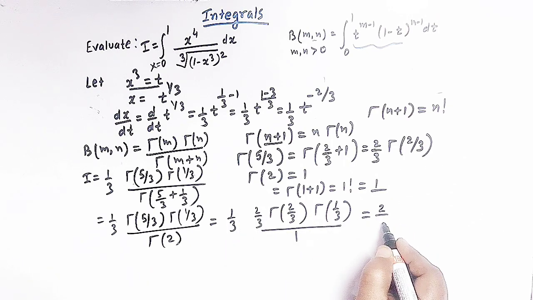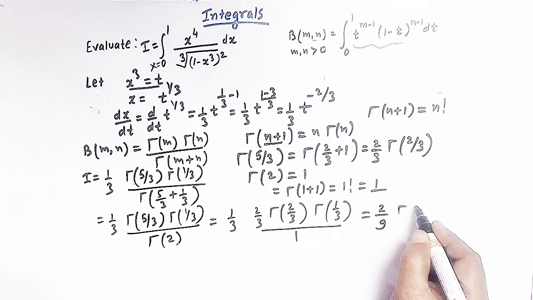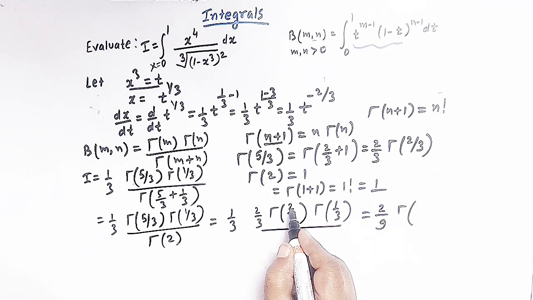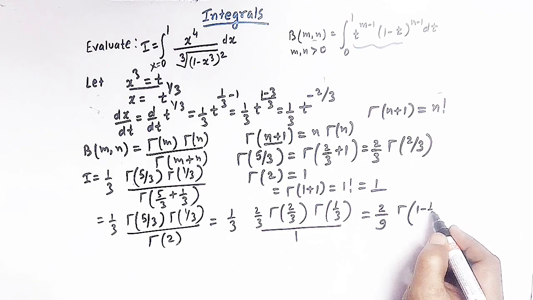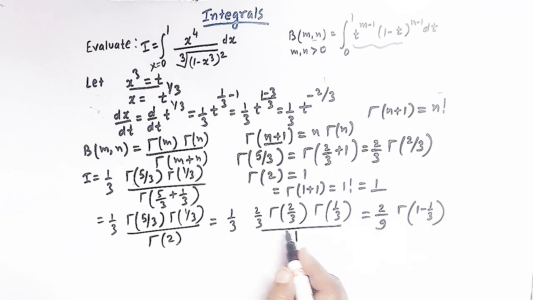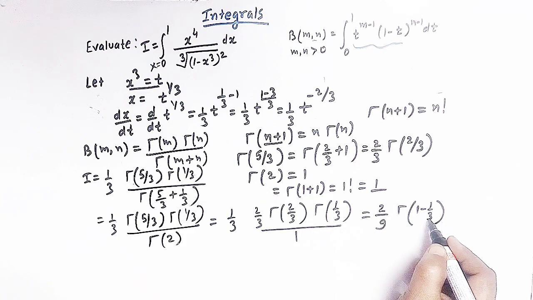So now here we can multiply these two fractions. So we have 2 over 9, and then we can now write this 2 over 3 as 1 minus 1 over 3, right? So the purpose of writing 2 over 3 as 1 minus 1 over 3 is to make use of the famous Euler's reflection formula.